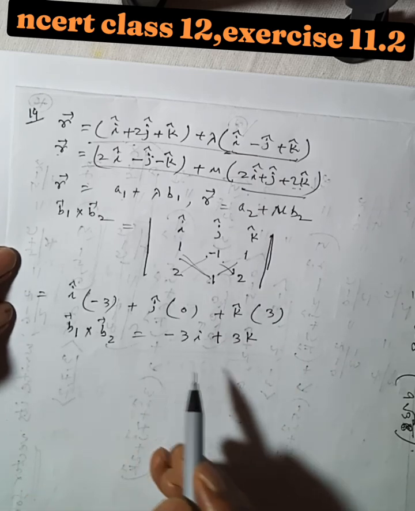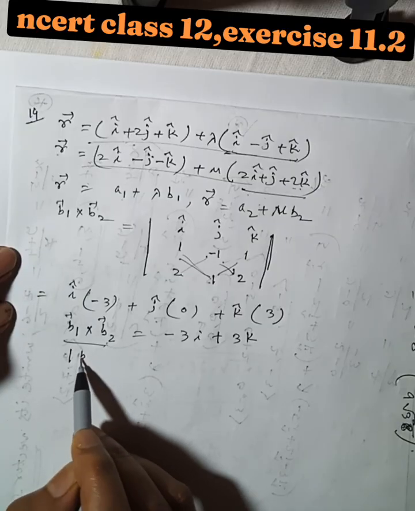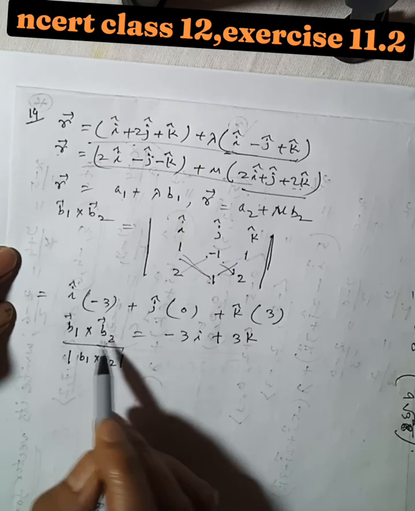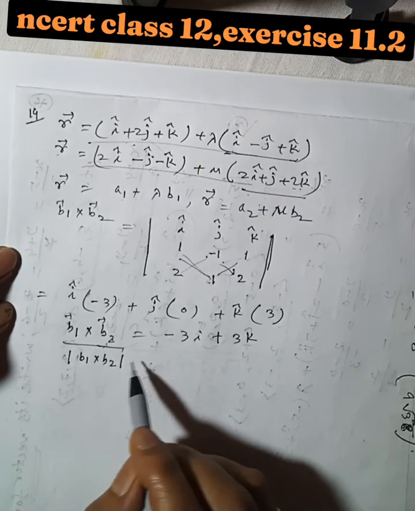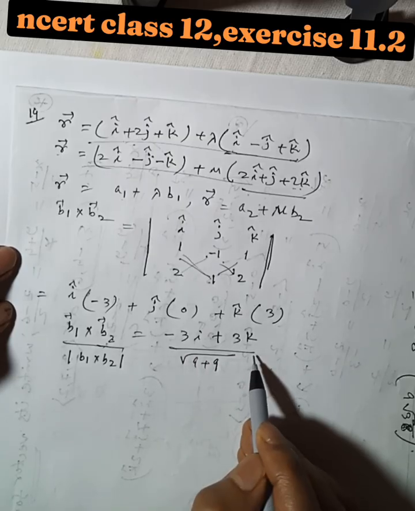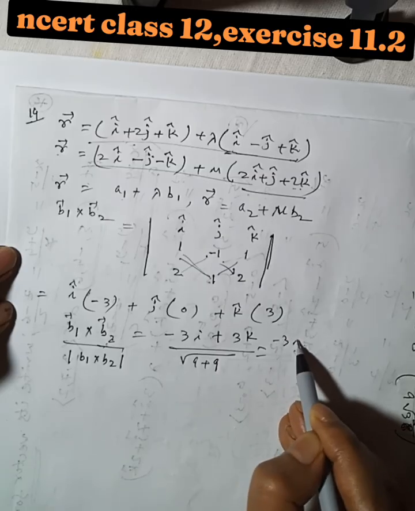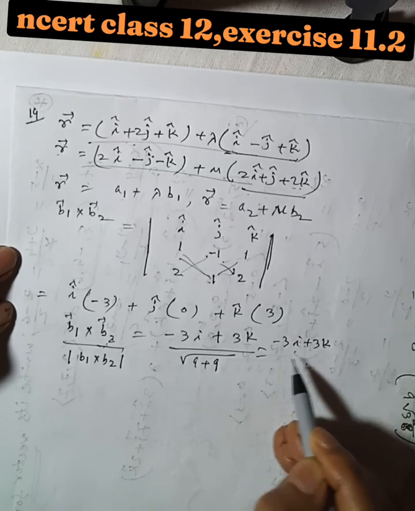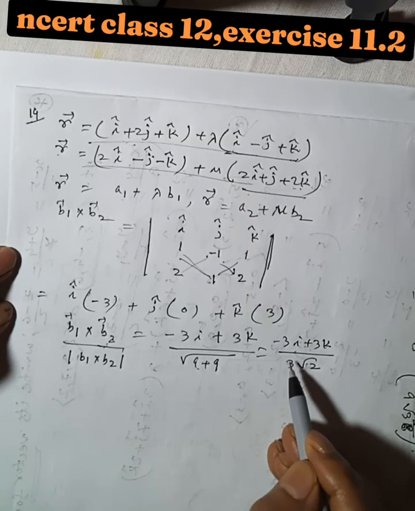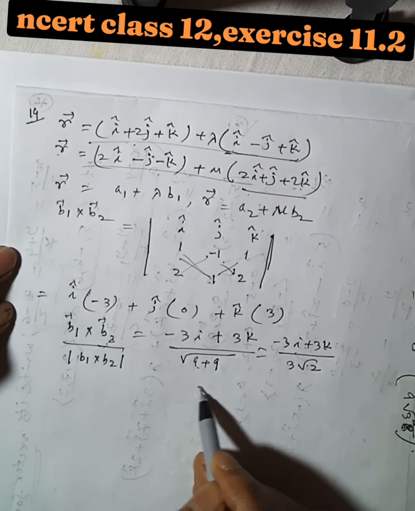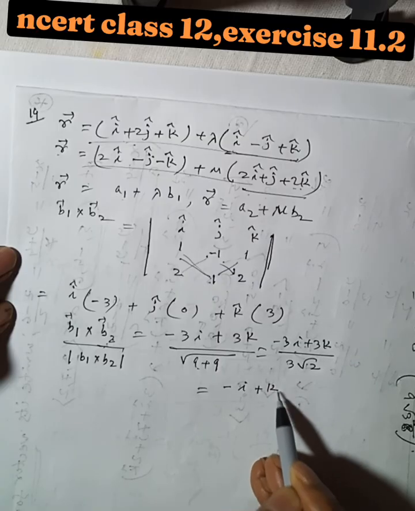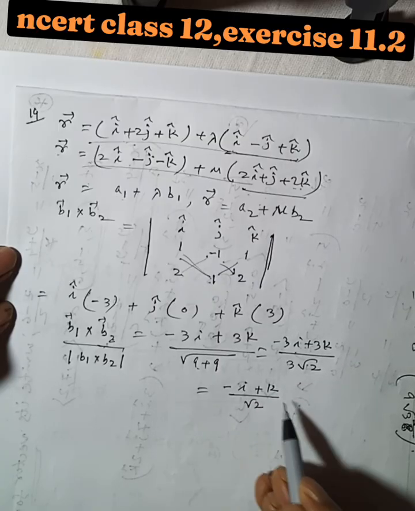Now the modulus of b1 cross b2 is root of 9 plus 9, that is 3 root 2. Now 3 will be cancelled, so the unit vector is (minus i plus k) divided by root 2.